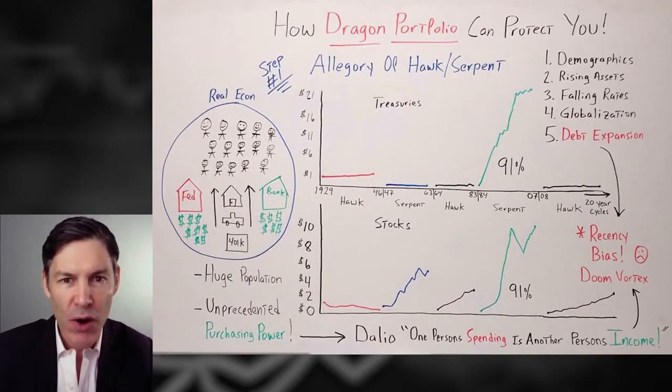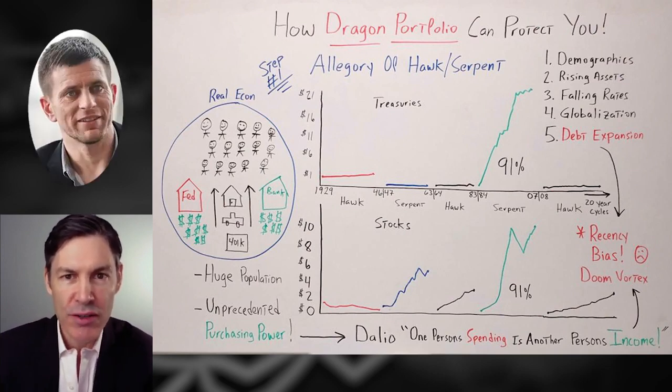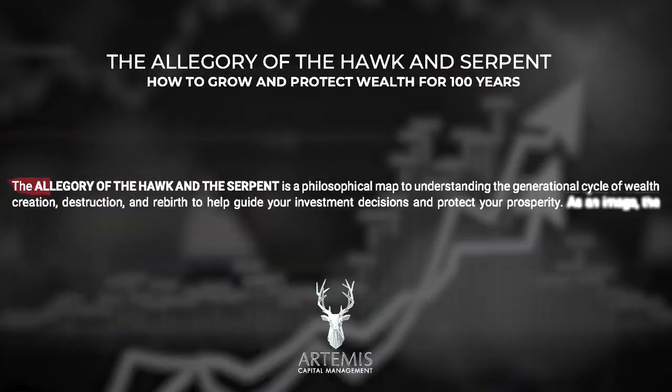To dive into greater detail, let's go straight to Chris Cole's paper, Allegory of the Hawk and the Serpent. The Allegory of the Hawk and the Serpent is a philosophical map to understanding the generational cycle of wealth creation, destruction, and rebirth to help guide your investment decisions and protect your prosperity.